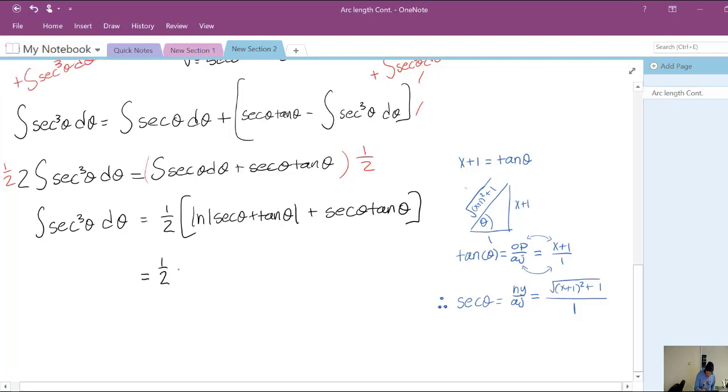And so now finally, we can plug in for our original answers, or the trig subs we have. So every secant will become square root of (x plus 1) squared plus 1. And it's a plus tangent, which is x plus 1, plus secant times tangent.